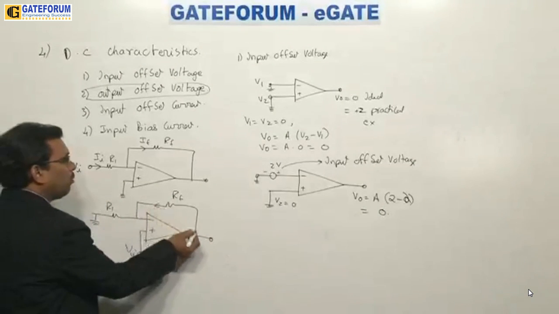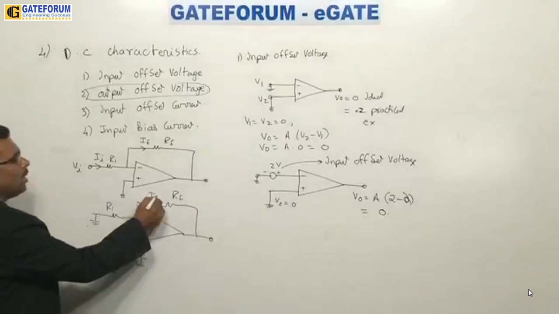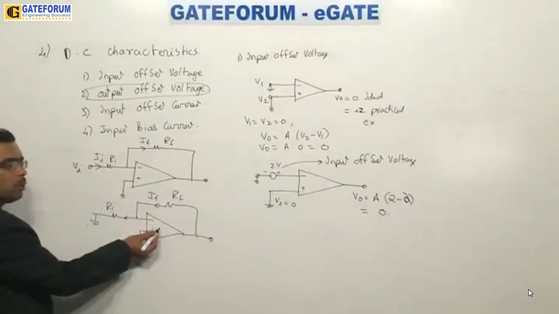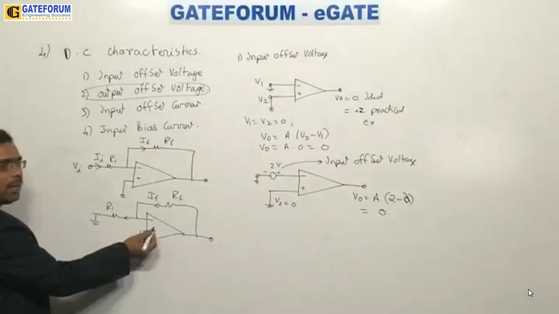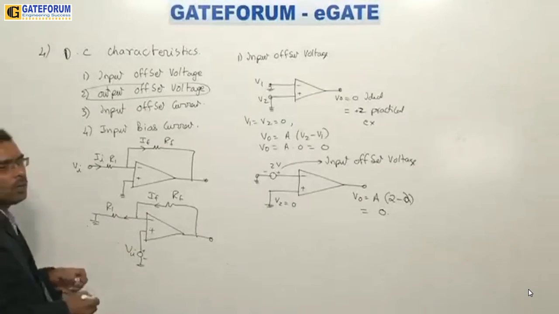Then I need to take from the output here, because this is at higher potential and this is at lower potential. I take the feedback current IF like this, and because no current can enter due to infinite input impedance, the current will come in this way. So this is how the current direction is taken.